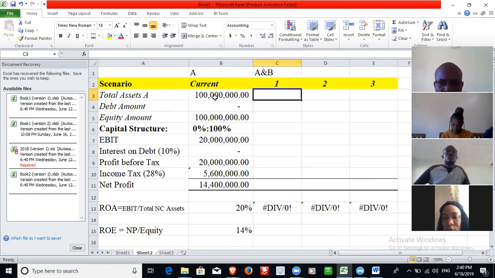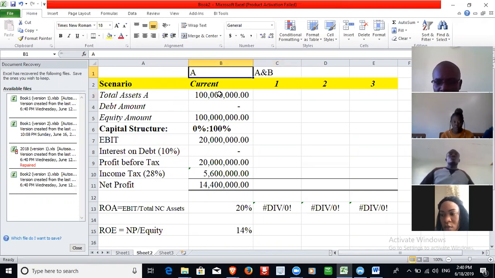You purchased an aeroplane, aeroplane A, in tune of 100 million. Your net profit at the end of the year is going to be 14.4. Then return on assets is 20%, and return on equity, shareholders will be getting 14% dividends.